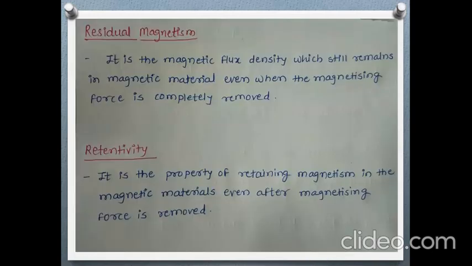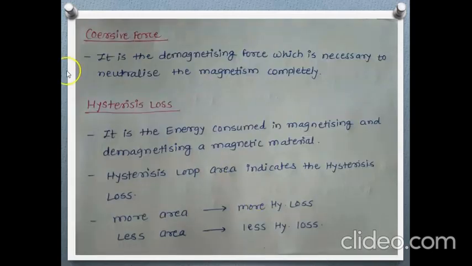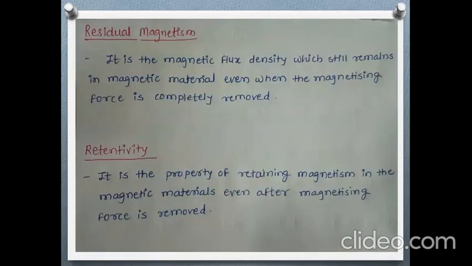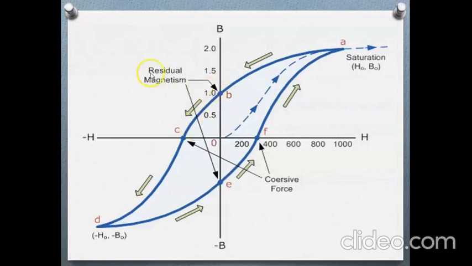Then another term is coercive force. Coercive force is the demagnetizing force which is necessary to neutralize the magnetism completely. We will see this. This is the residual magnetism we want to neutralize. To remove this residual magnetism, we have to apply the magnetizing force in the opposite direction.